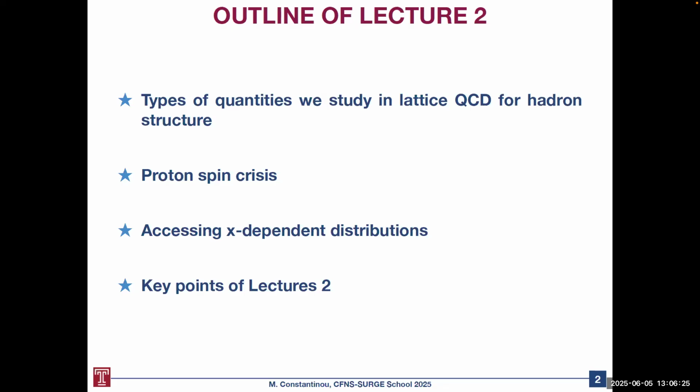In the first lecture, I talked about some diagrams that are not Feynman diagrams, but they kind of show the investigations we have. And then using those type of quantities, we can study physical observables. And one thing I will talk about is the proton, and the other one is about X-dependent distribution functions.